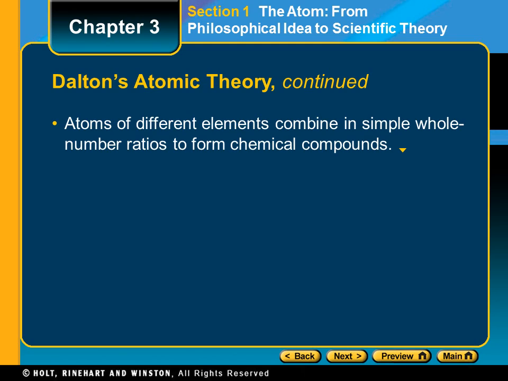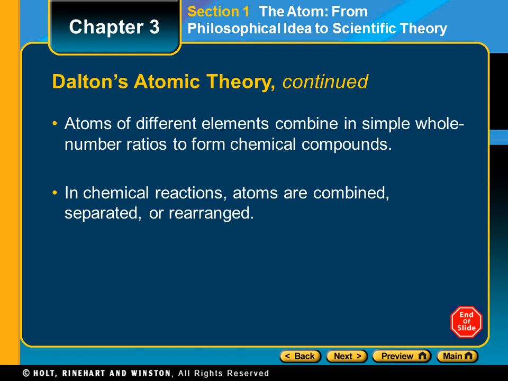And then continuing, moving from atoms onto larger structures, compounds and molecules, Dalton would state that atoms of different elements combine in simple whole number ratios to form chemical compounds. Okay, so we've got the basic understanding of Dalton's atom, and now this understanding that atoms can come together in simple whole number ratios and form chemical compounds.